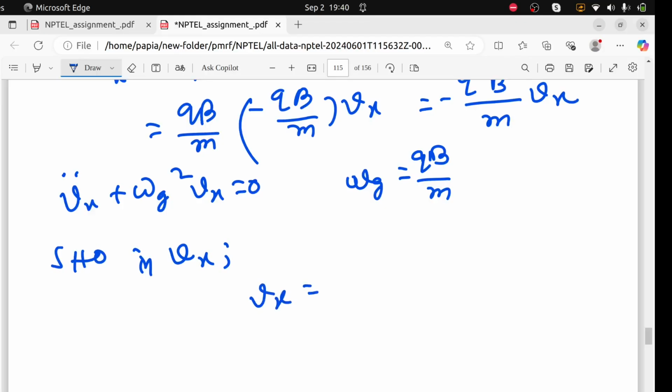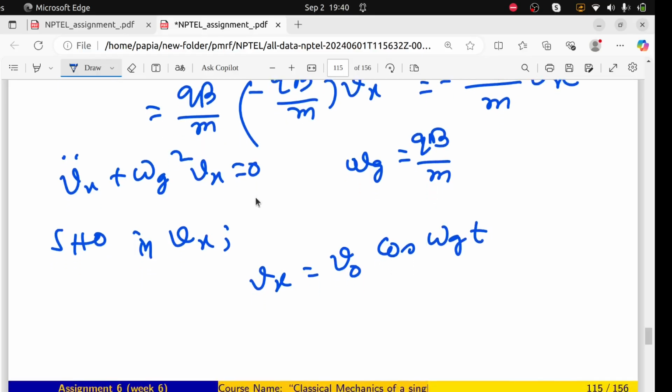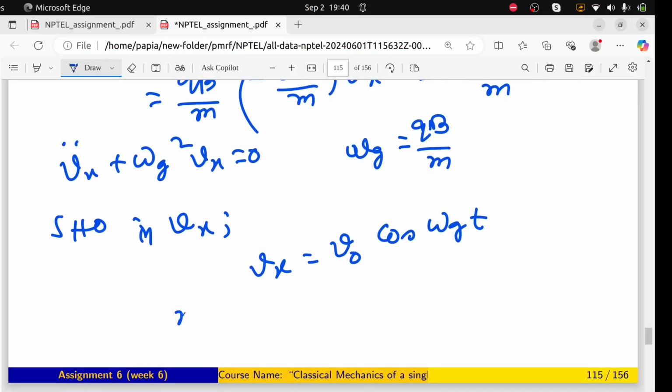So our Vx will be, let's say, some V0 cos omega z t. Okay, now from Vx, x will be a constant plus V0 by omega z sin omega z t.